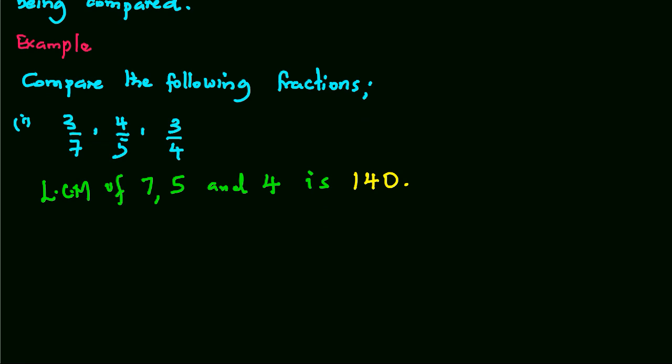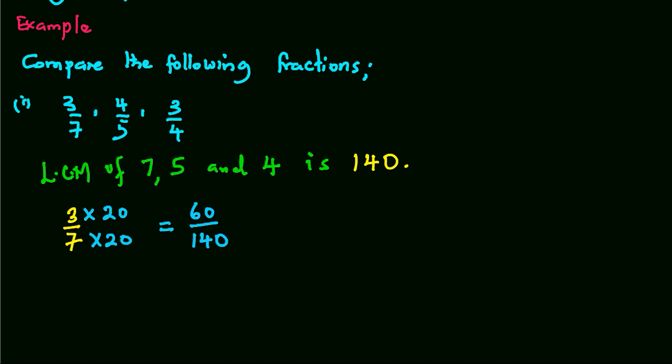So in the first case, we can have 3 over 7. So this would be times 20 times 20. So we get 60 over 140. The next one is 4 over 5 times 28 times 28.